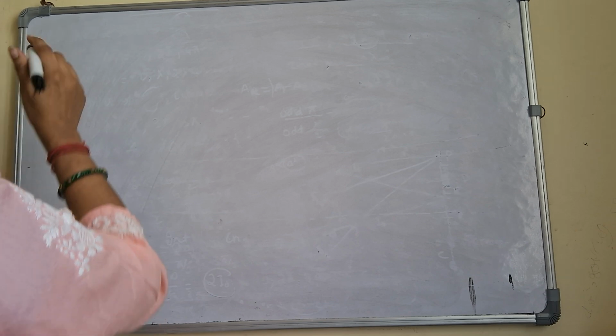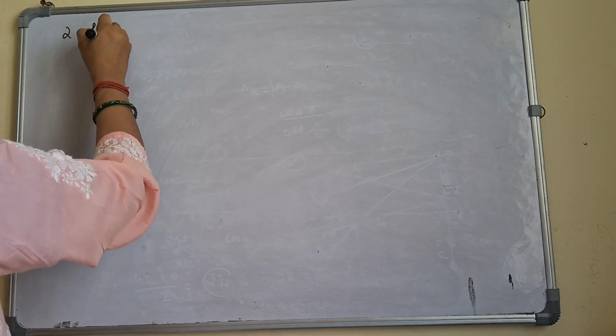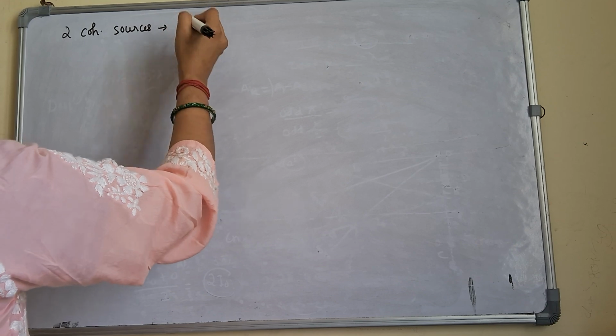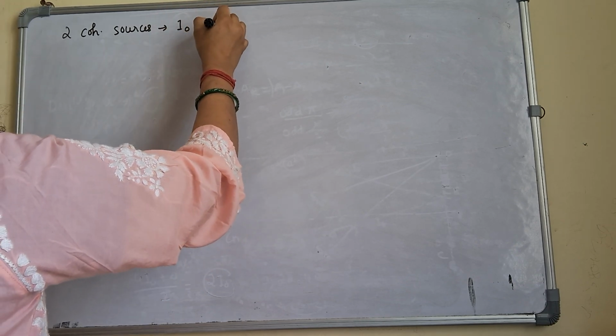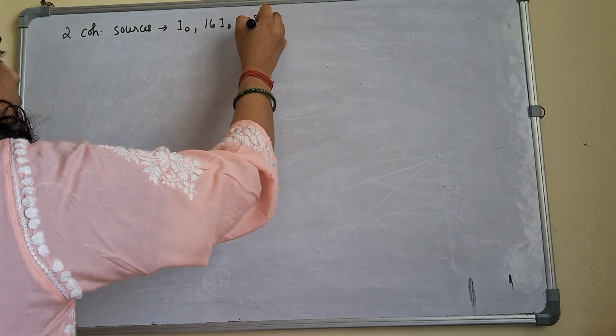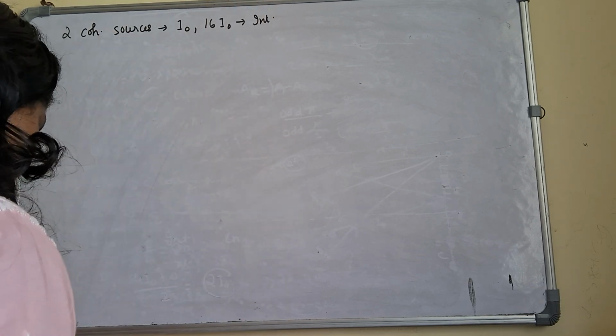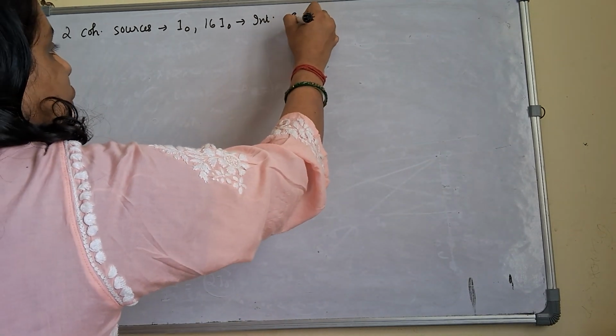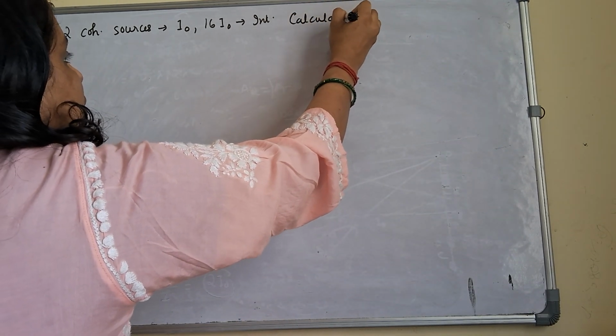There are two coherent sources of intensities I0 and 16 I0, which give rise to an interference. Calculate the intensities on the screen.